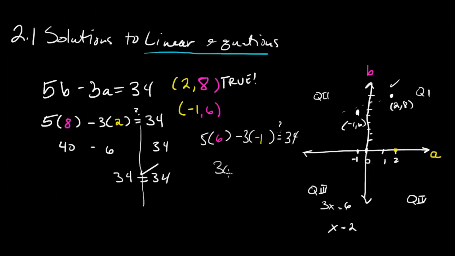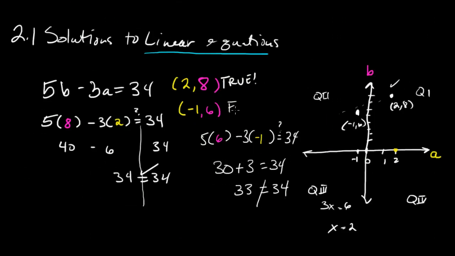5 times 6 is 30. 3 times 1 is 3. Negative times a positive is a negative, and minus a negative is a positive. This isn't looking good, because this says to me 33 is equal to 34, and that's simply not true.